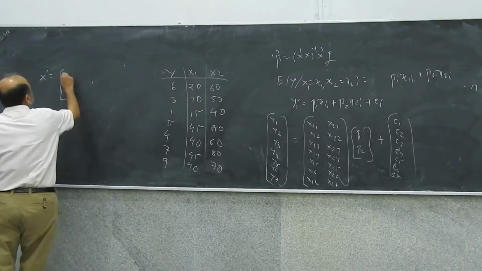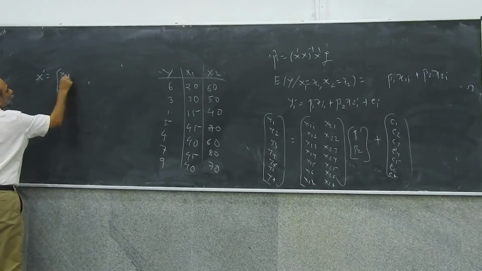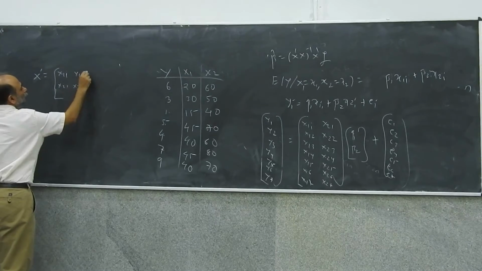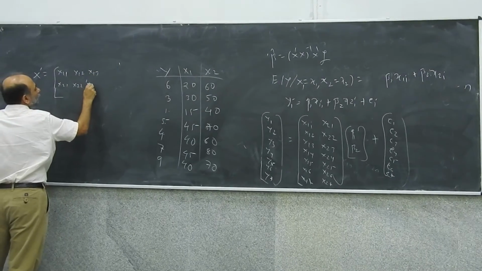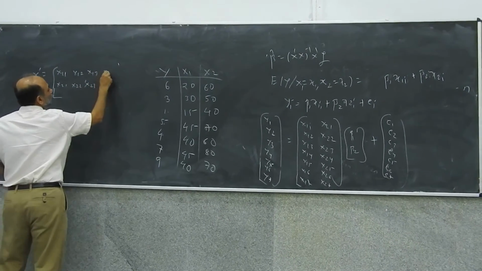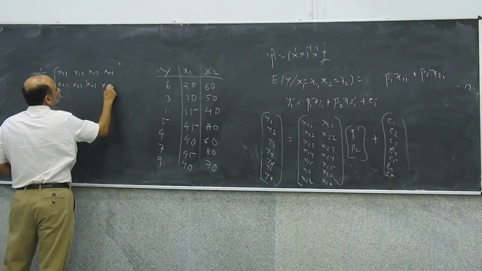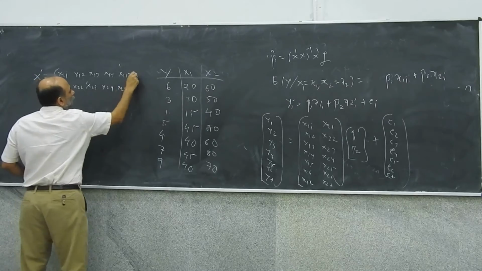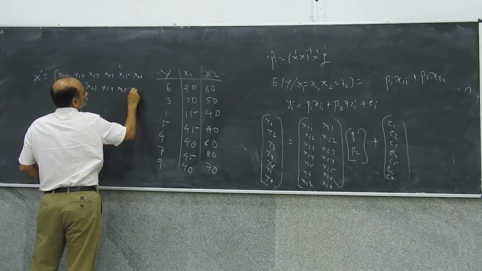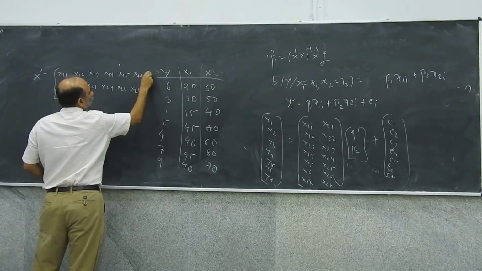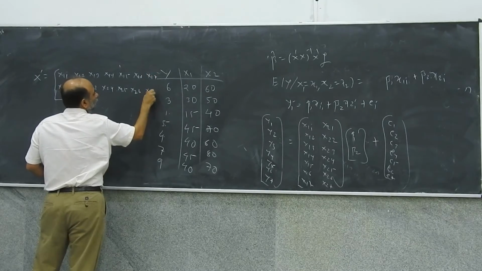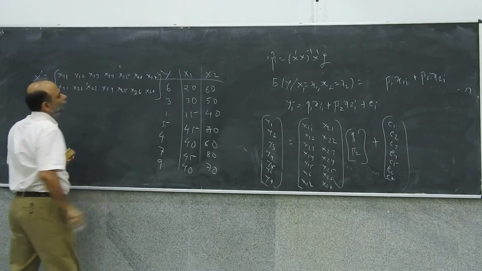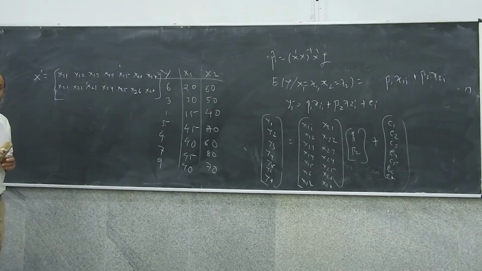So it will be x11, x21, x12, x22, x13, x23, x14, x24. This is X dash.